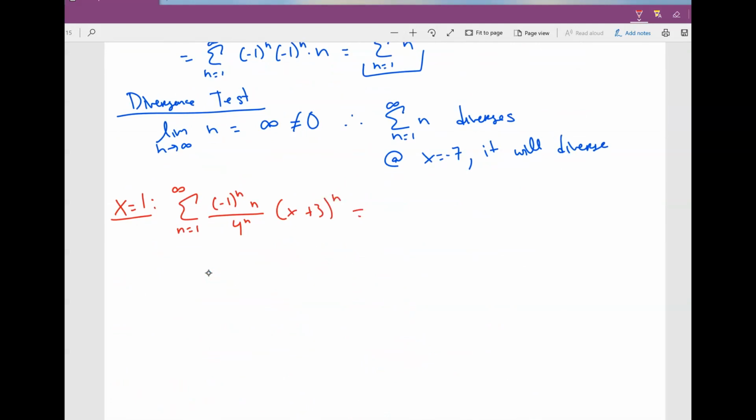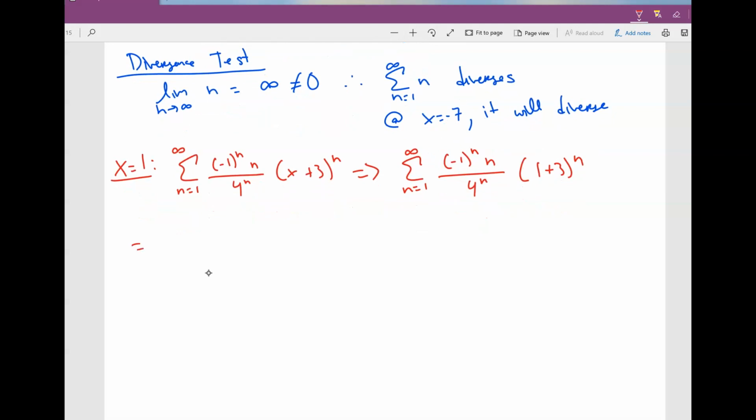Now we're going to plug in x equals 1. So the sum from n equals 1 to infinity, negative 1 to the n, n over 4 to the n, plug in the 1 plus 3 to the n.